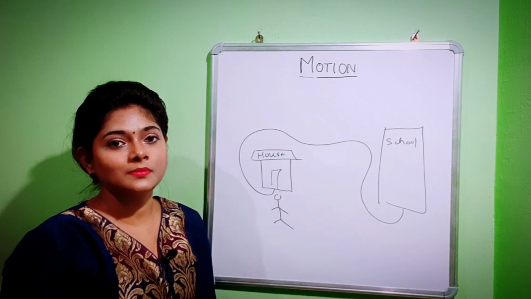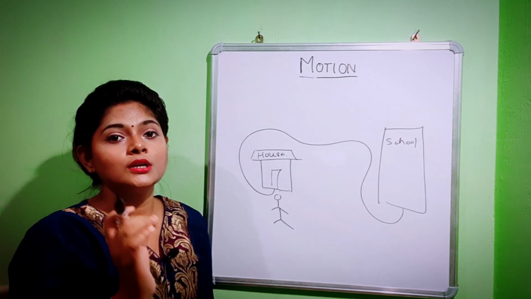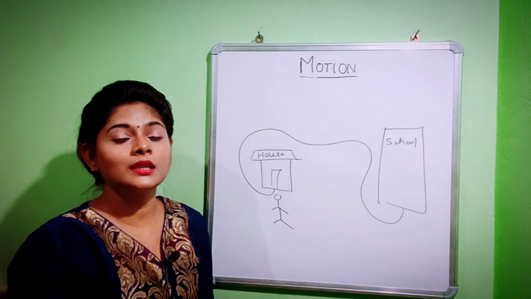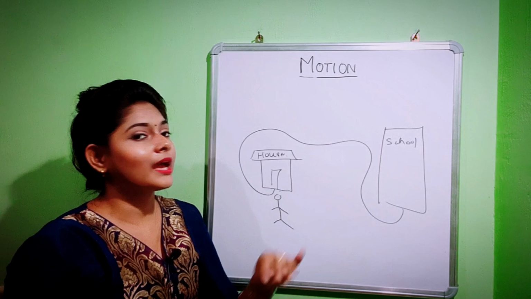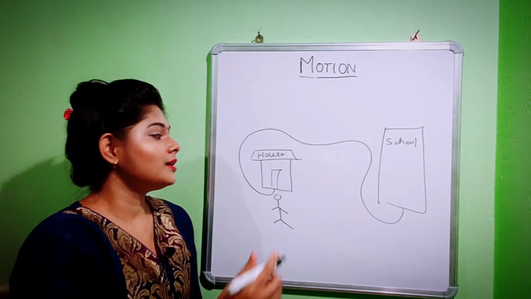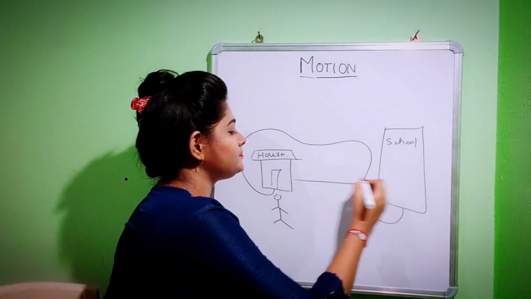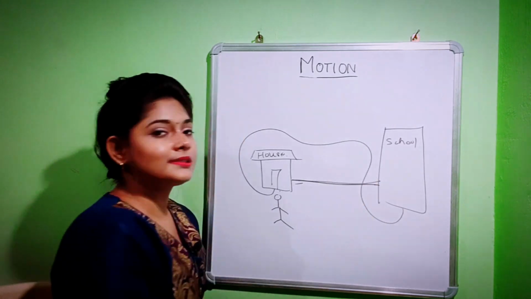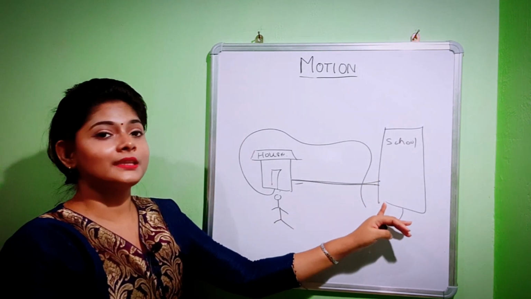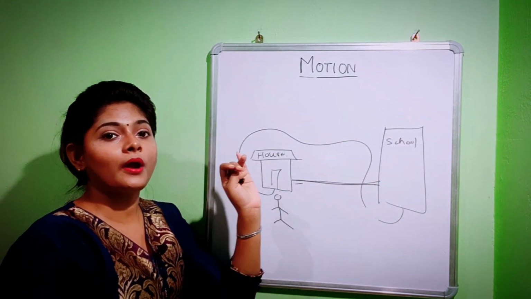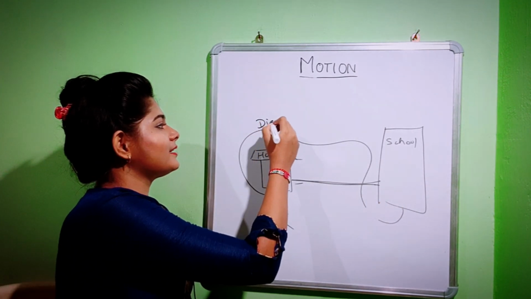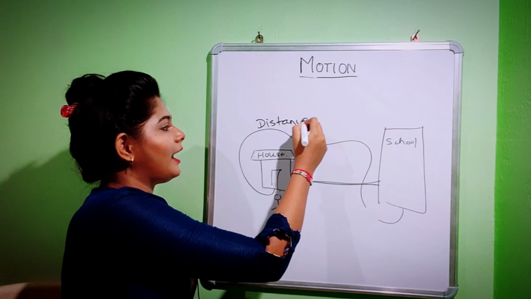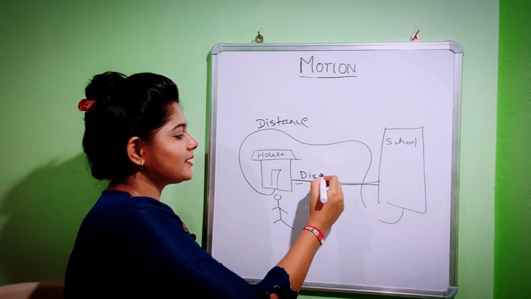Now what is displacement? Displacement is the shortest length between the initial point and the final point. So here what can be the shortest path? This is the shortest length between the initial point and the final point. So this is distance and this is displacement.